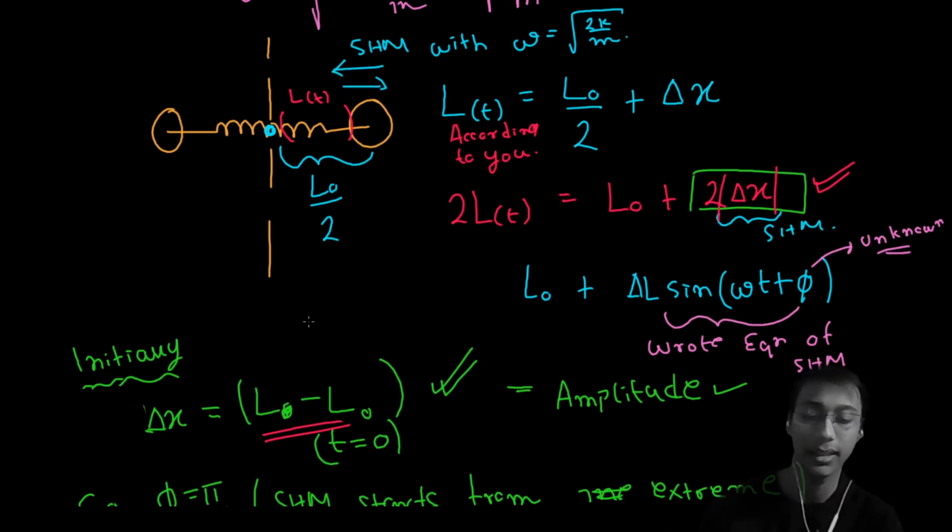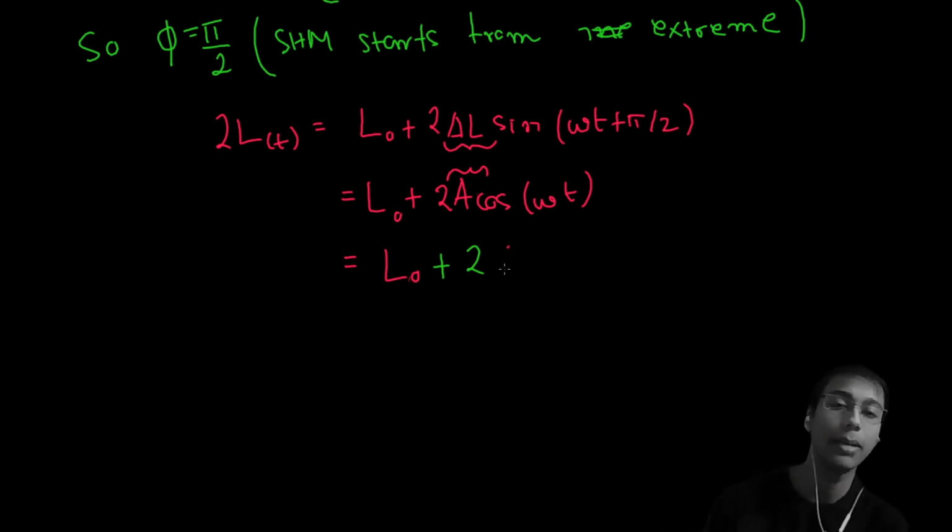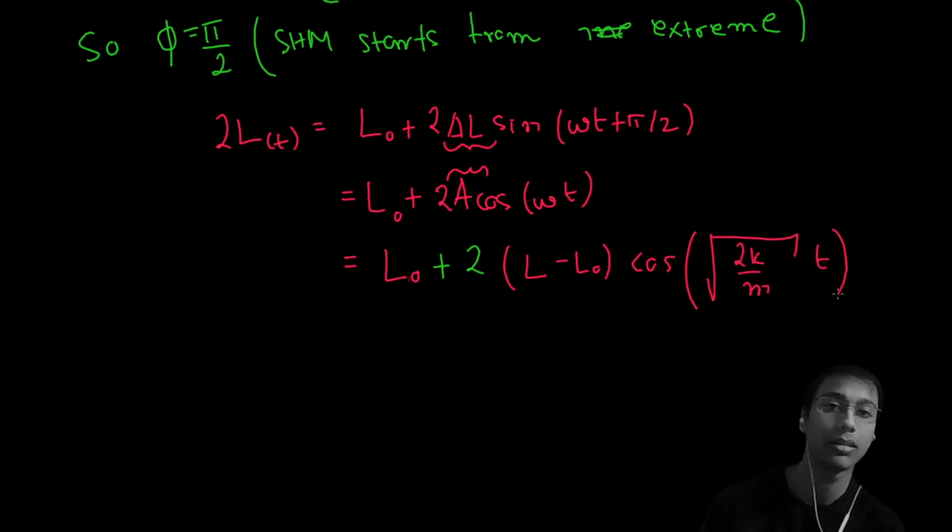So now let me go back and try the problem again. This would be 2 multiplied by what is our A, L minus L0, cosine of, what was our omega, root over 2k by m times t.